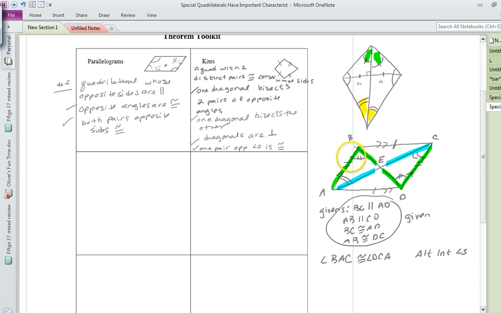And if these two lines are parallel and also cut by transversal BD, I can use them to show that angle DBA is congruent to angle BDC, also by alternate interior angles.